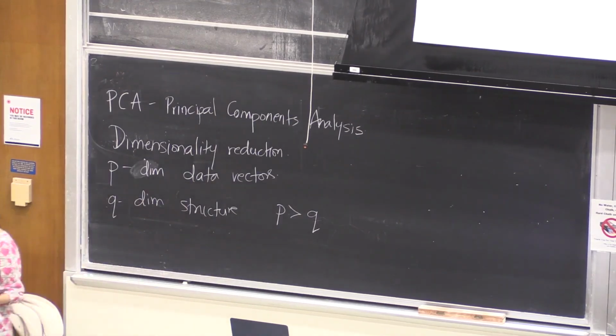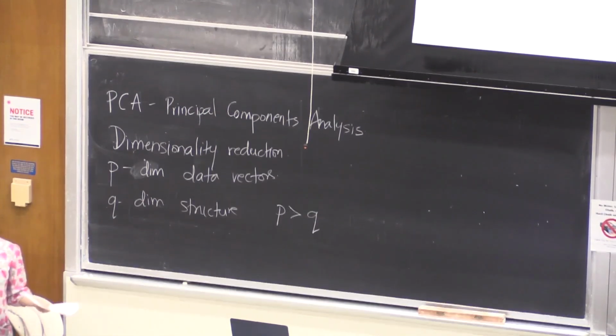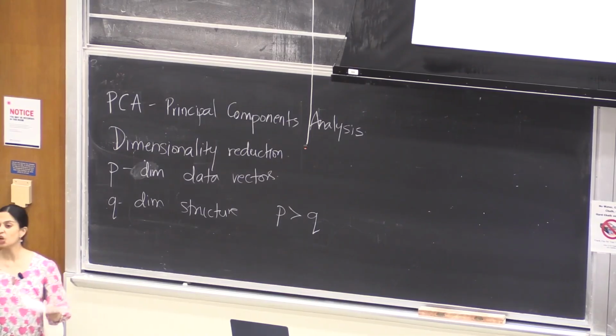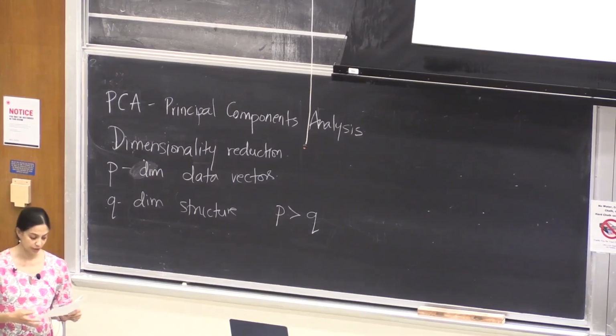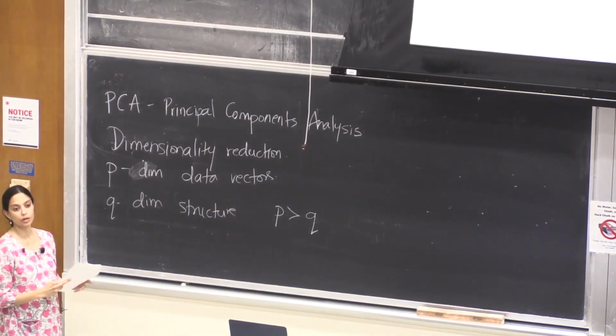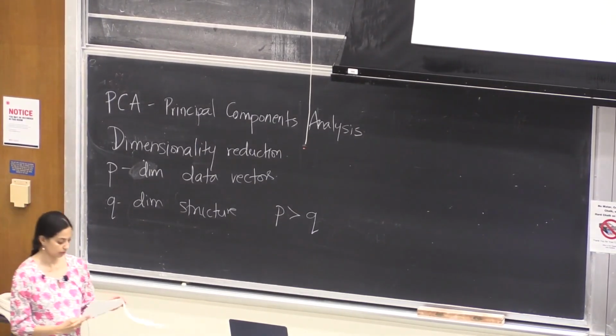And this q-dimensional structure might not be exact, but it might be a good enough approximation to get you to where you need, right? So that's really what we're trying to think about.